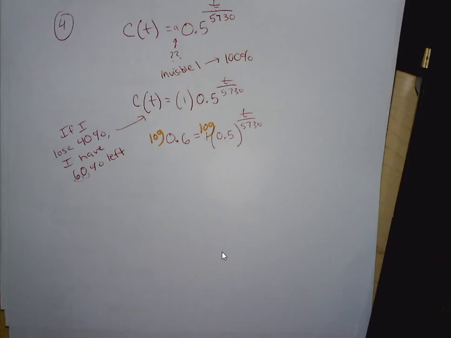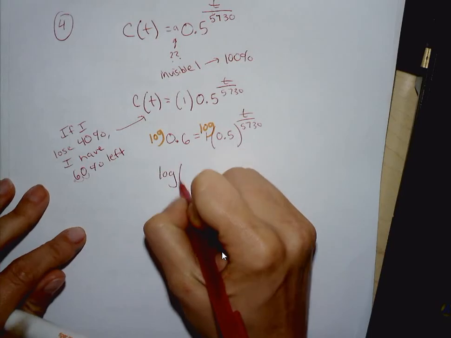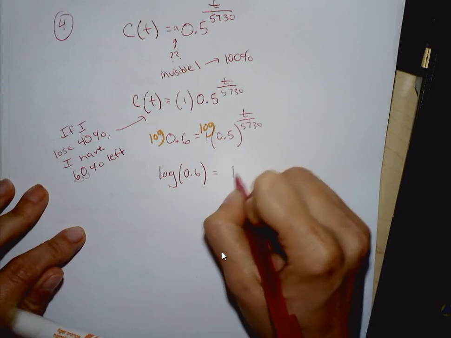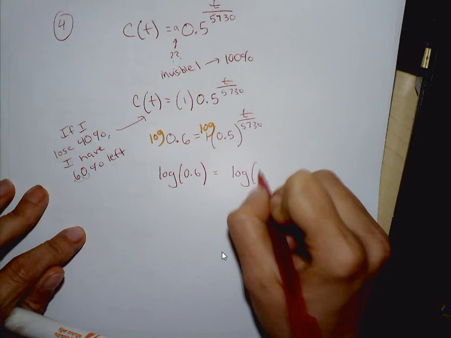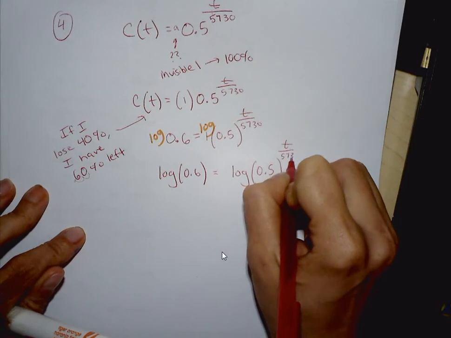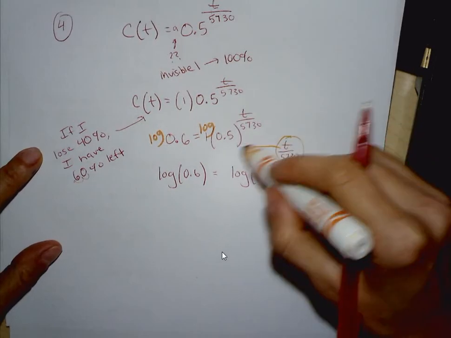So I'm going to have log of 0.6 is equal to log 0.5 to the T over 5,730. And then again, the whole point of logs is to get rid of our exponent. The inverse operation of exponentials is logarithms.